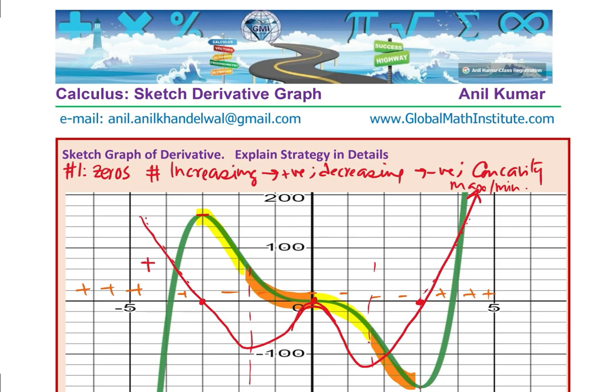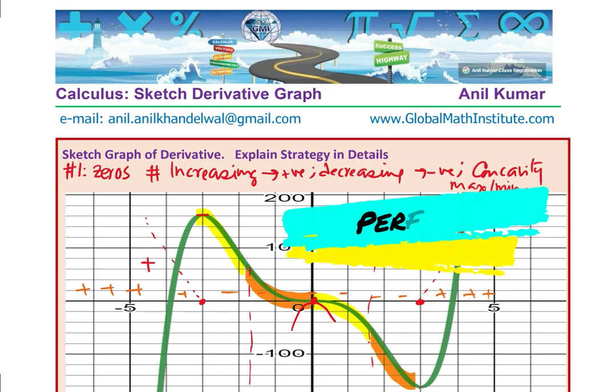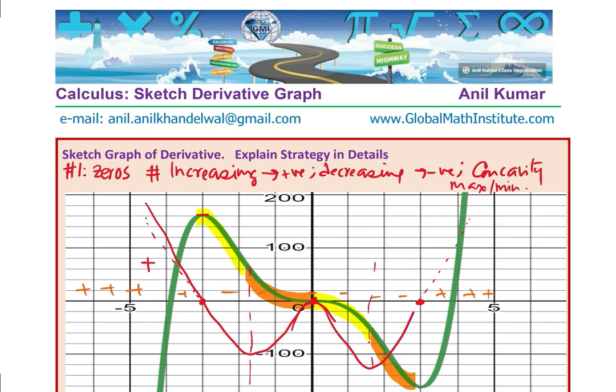Correct? So that is how you could sketch the graph. Let me do it once again. So we come down, this is all positive, now negative, turning point, correct? This is again a turning point of order 2 this time, and there you go. That becomes the graph of our derivative for the given function in green.